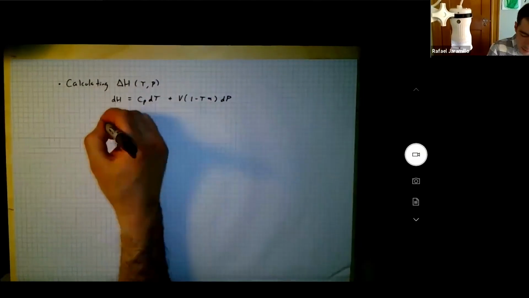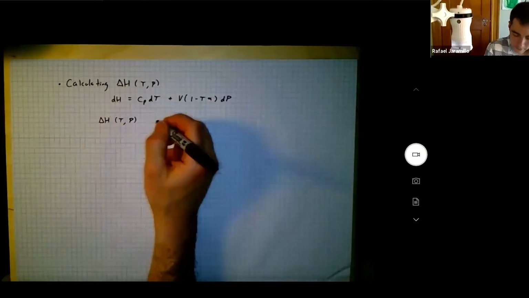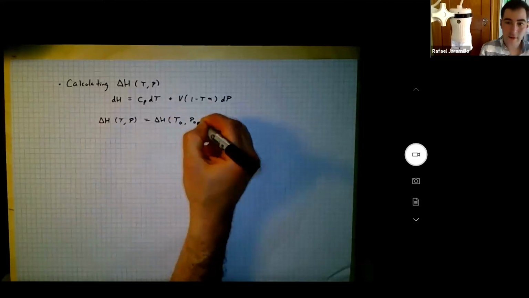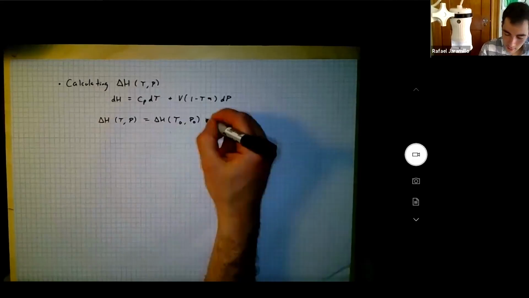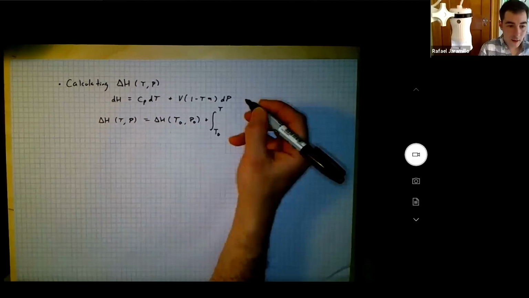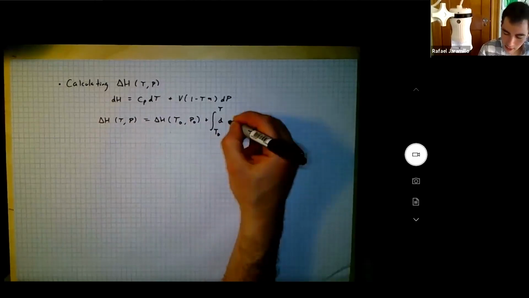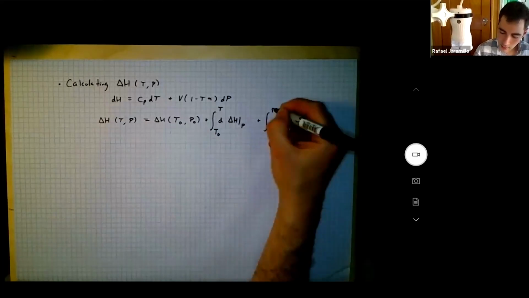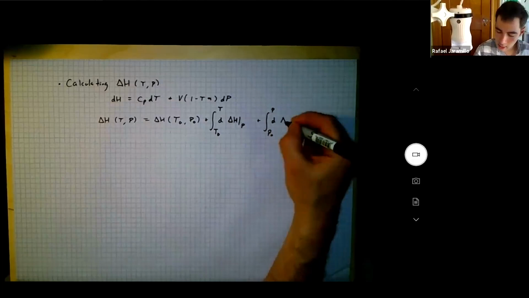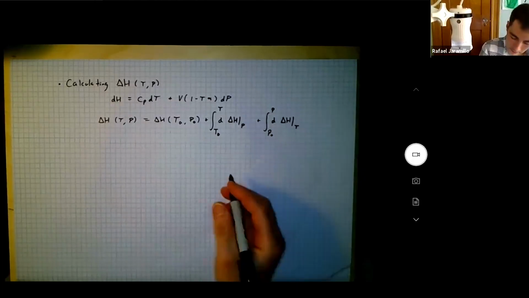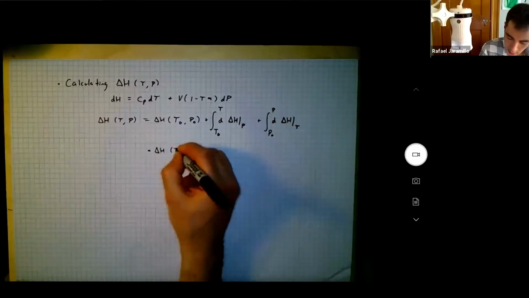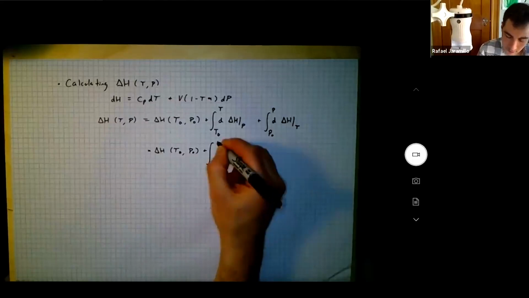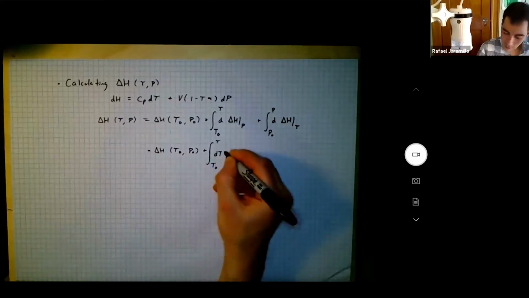So delta H at T and P equals delta H at say T naught and P naught, some standard data, which I found maybe in a database, plus from T naught to T, d delta H at fixed pressure, plus from P naught to P, d delta H at fixed temperature, which equals delta H at T naught plus the integral from T naught to T, dT prime, dummy variable, delta Cp.